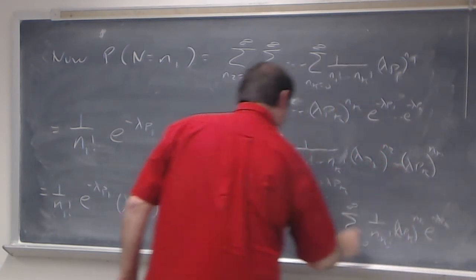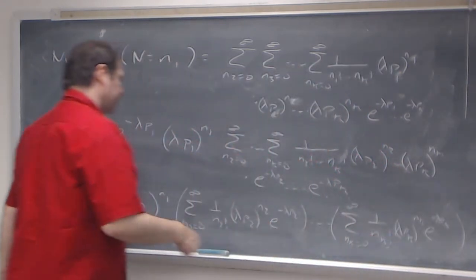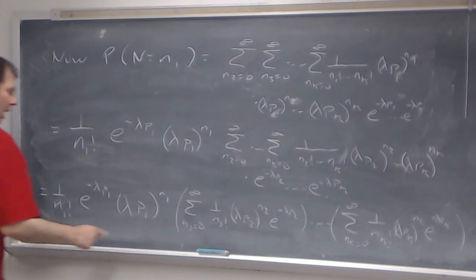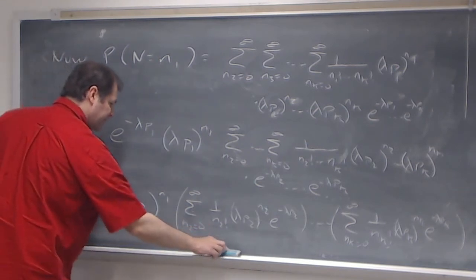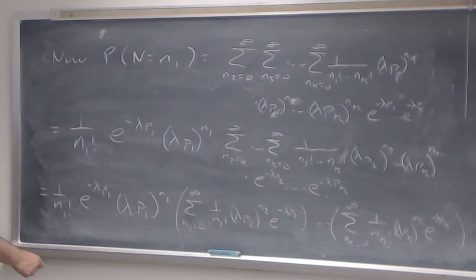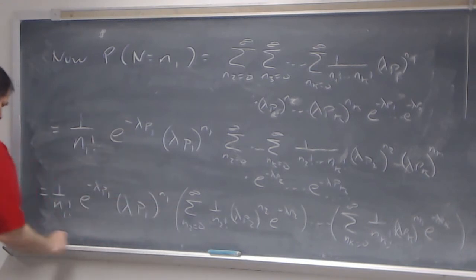And as I said, each one of these sums is the sum of the PMF of a Poisson distributed random variable. And so what we end up getting here is 1 for each one of those sums.